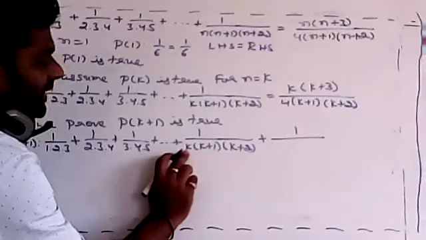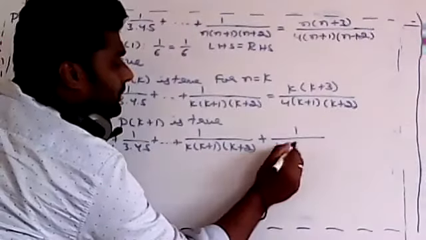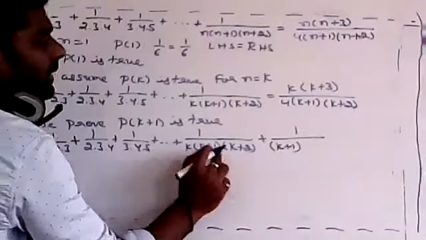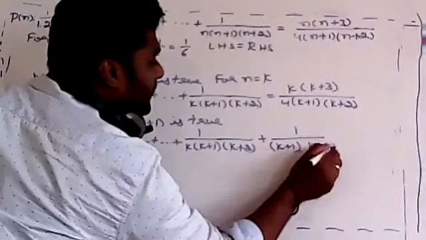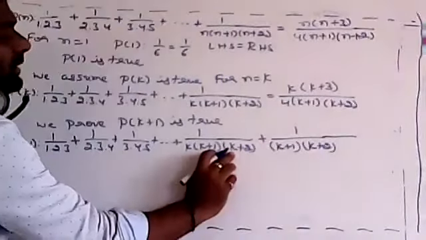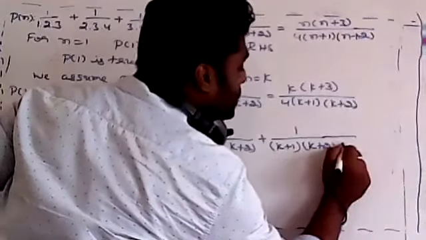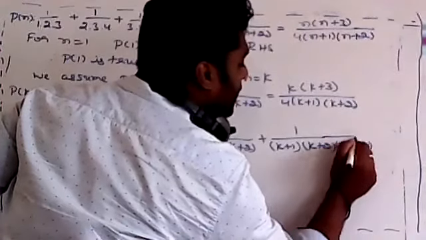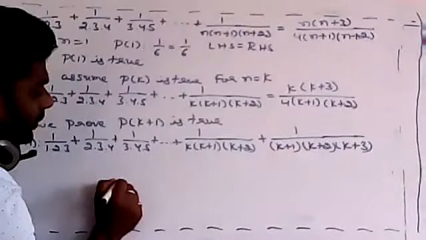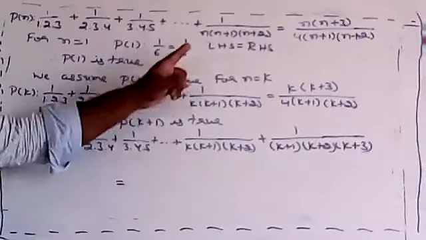Correct? So in the place of k, if you put here k plus 1, it is k plus 2. Then next one, if you put in the place of k plus 1, k plus 1 plus k plus 1 plus 2 is what? K plus 3, and which is equal to the RHS side.